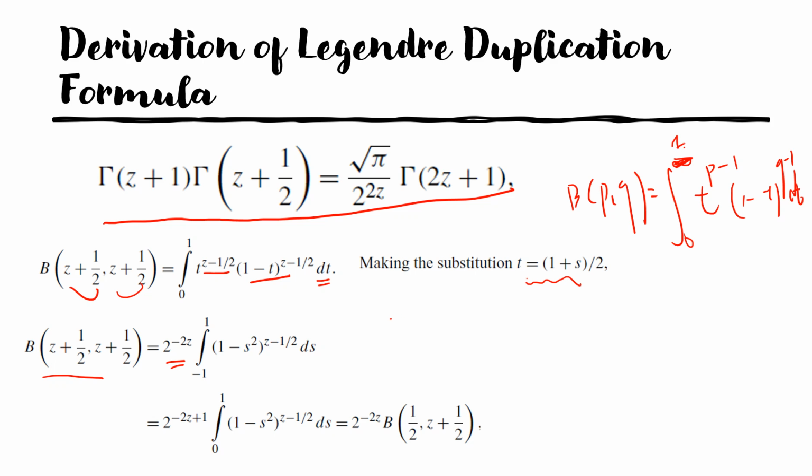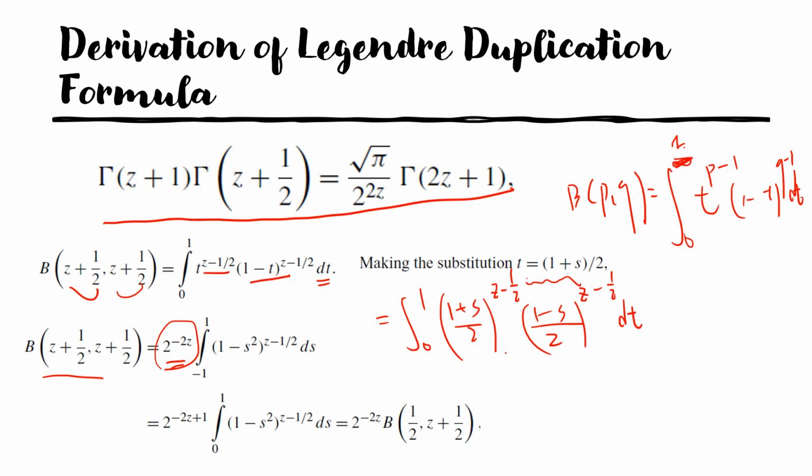Maybe I provide some detail. The denominator is 2 to the negative z. When t equals 0, then s is minus 1, so it becomes this. And when t equals 1, s is 1.